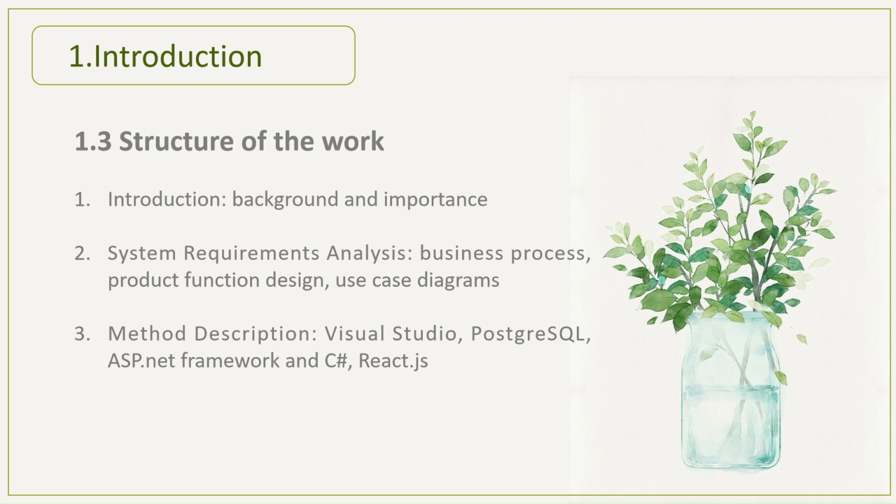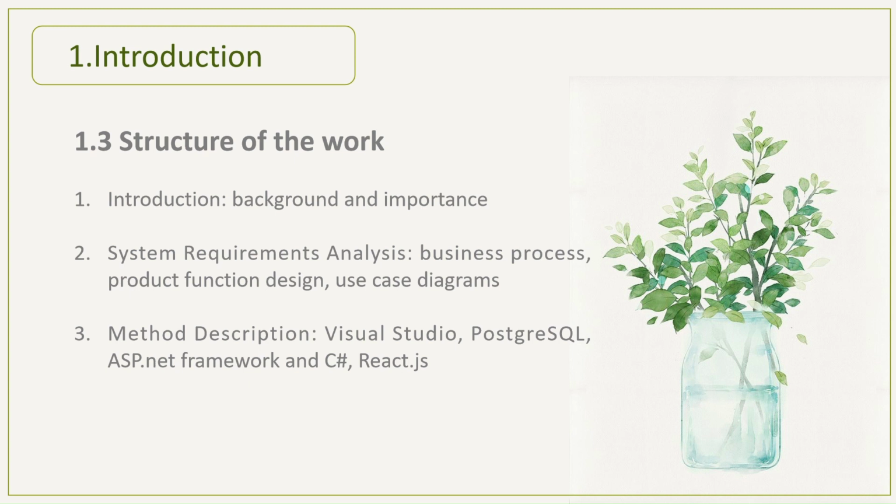The second part is about system requirements analysis. This part first analyzes the business process of the current food ordering method in the restaurant industry, and according to the needs of customers and the restaurant, makes the product function design of the web.